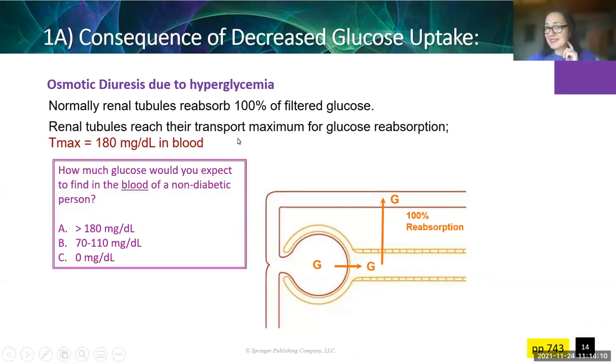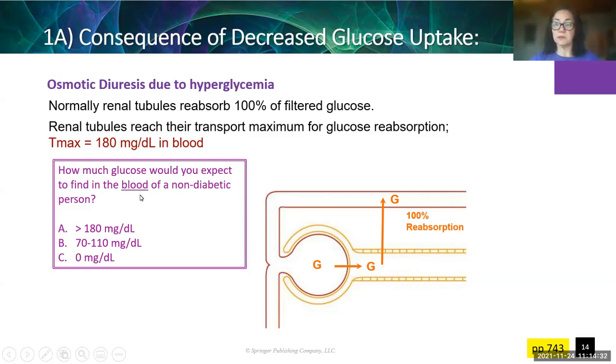This is what I do for my undergraduate students. How much glucose would you expect to find in the blood of a non-diabetic person? We're talking about blood and somebody that does not have diabetes. The normal levels would be between 70 and 110 milligrams per deciliter.